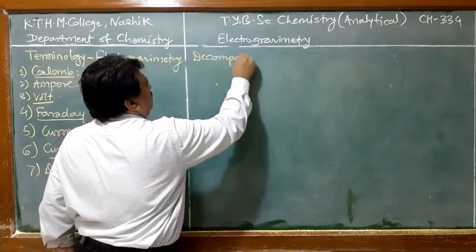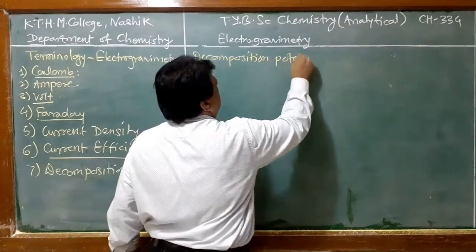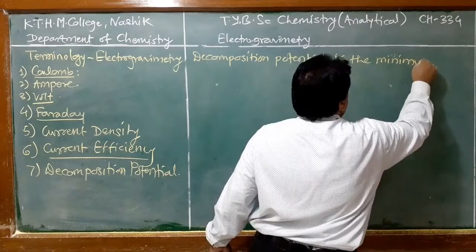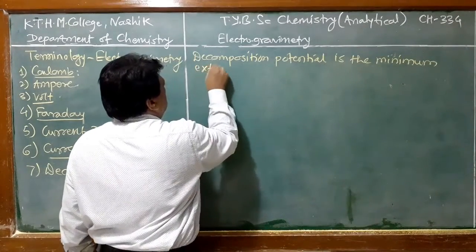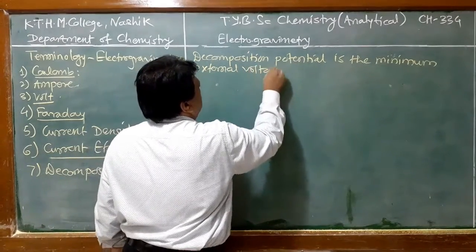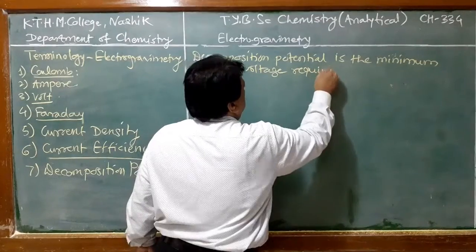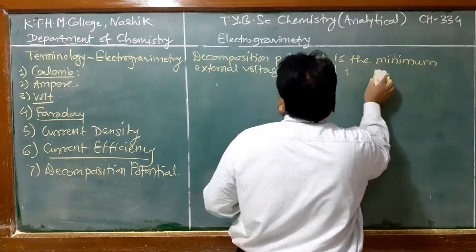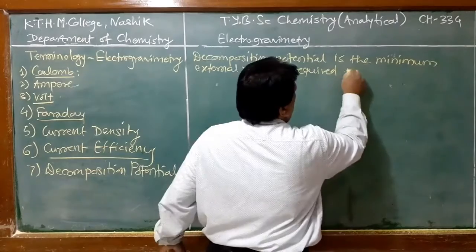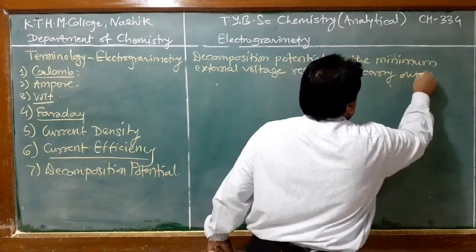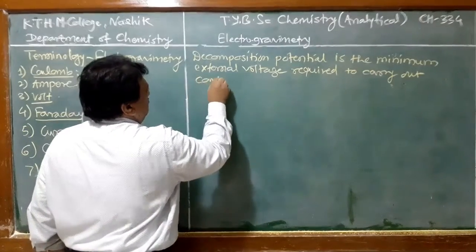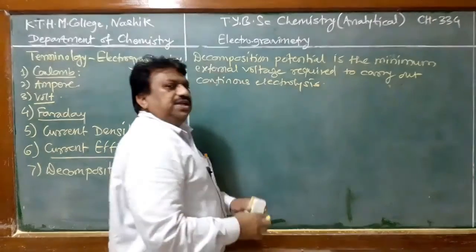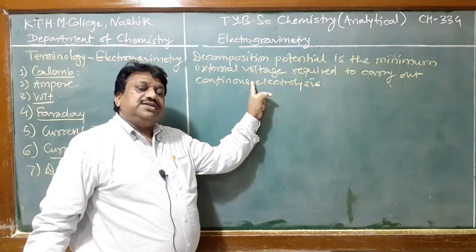Decomposition potential is the minimum external voltage required to carry out the continuous electrolysis process.